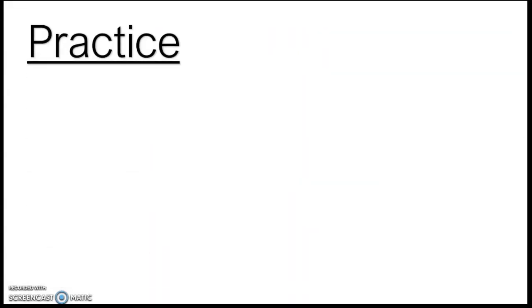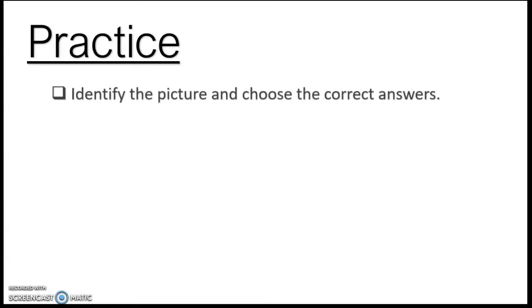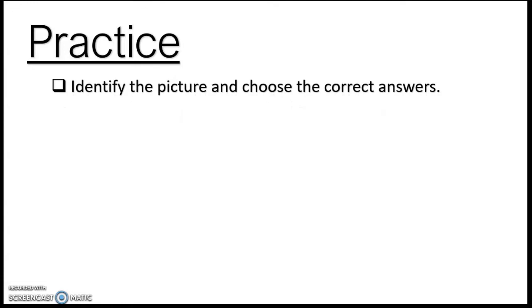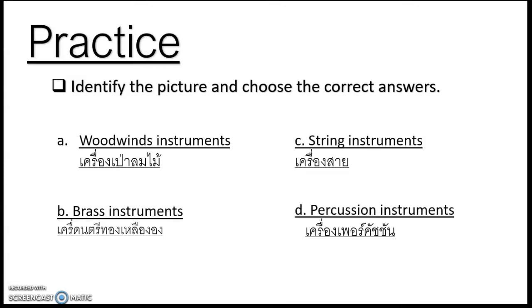All right, now let's proceed to our practice. Identify the picture and choose the correct answers. All you need to do is to choose A, B, C, D. Letter A, woodwinds instrument.